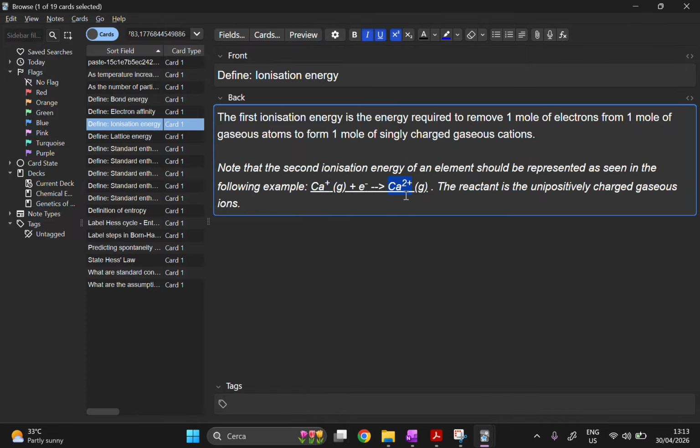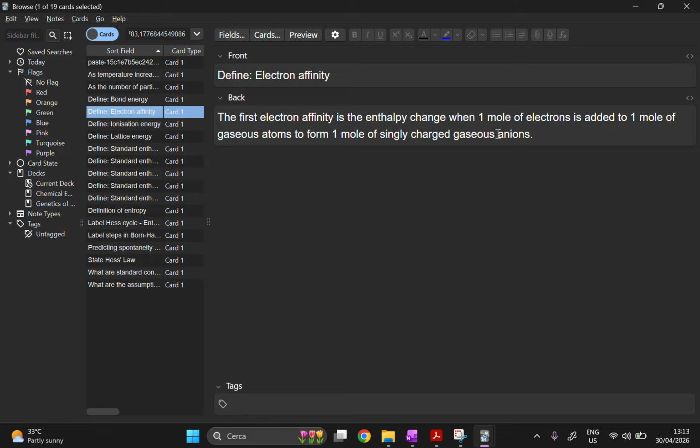And the third IE is from 2 plus to 3 plus and so on. It's a similar concept for electron affinity, where in this case, first EA is you go from, let's say, oxygen gas to O minus. And then my second EA is not O to O2 minus. My second EA is O minus to O2 minus.